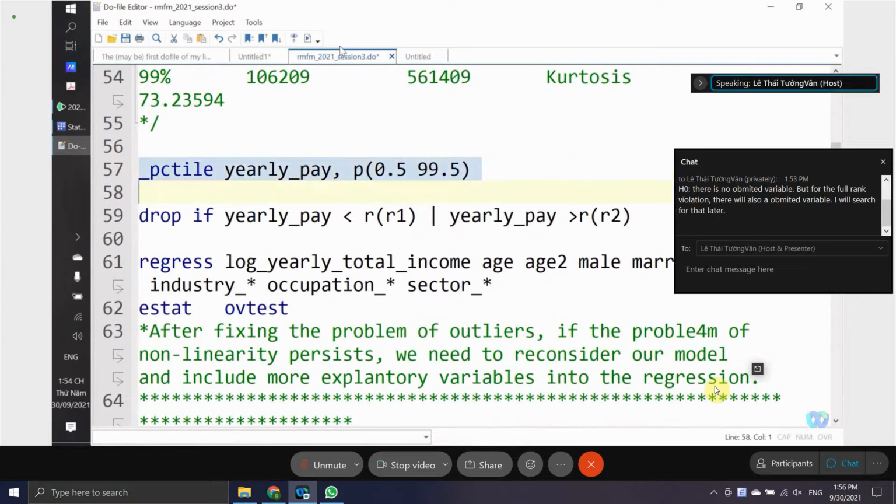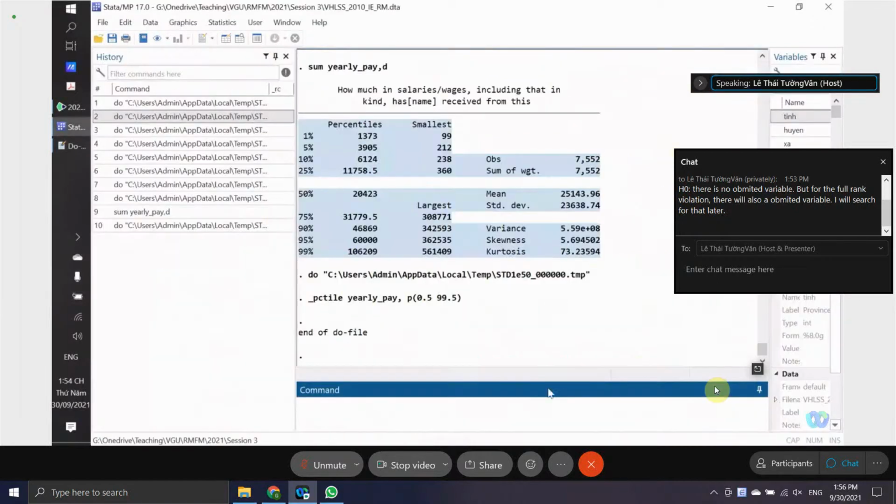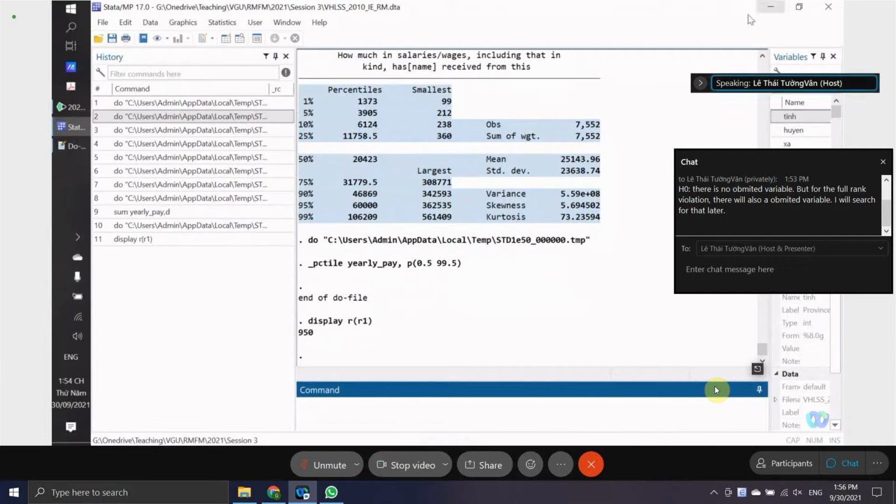Stata will calculate it for you, and the calculation is stored in memory. So if you type drop if year is smaller than r(r1), after running it, if you type display r(r1), you will have the number.